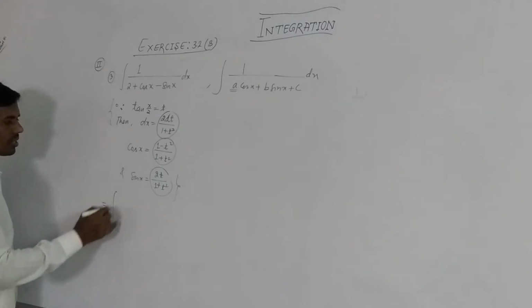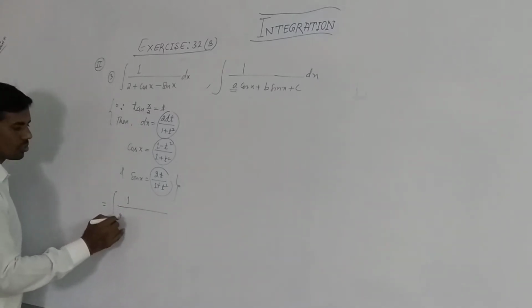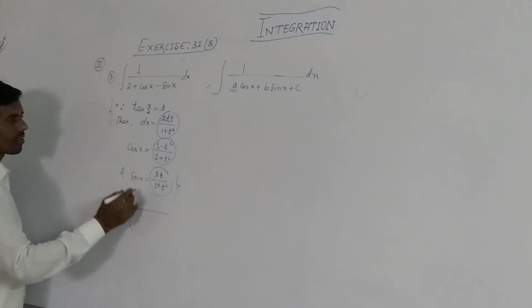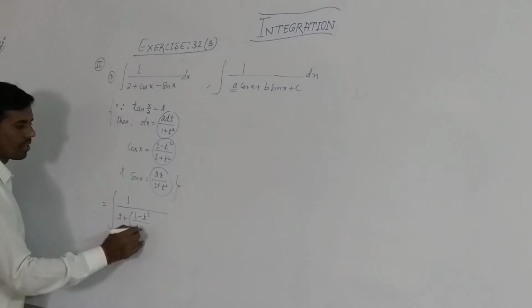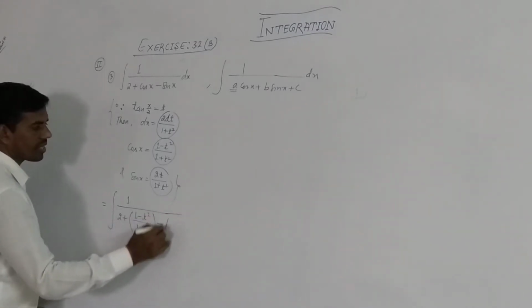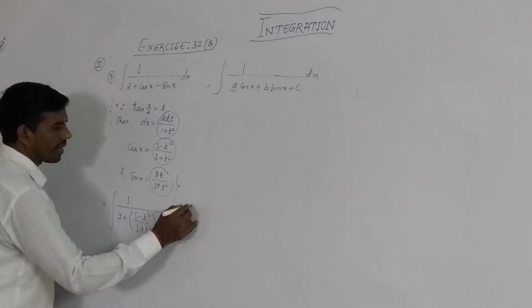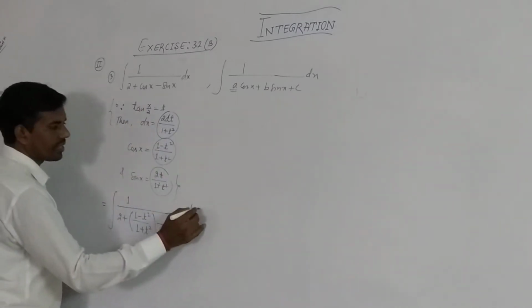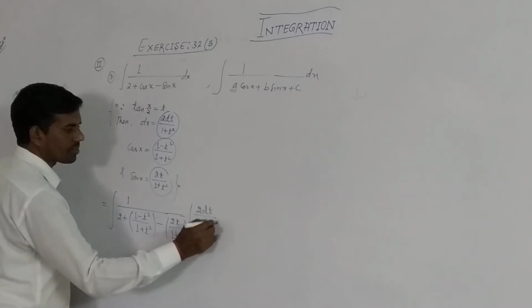So let us substitute these three substitutions in our integral, that is 1 upon 2 plus cos x, meaning 1 minus t square upon 1 plus t square, minus sin x, meaning 2t upon 1 plus t square, and dx is equal to 2 dt upon 1 plus t square.